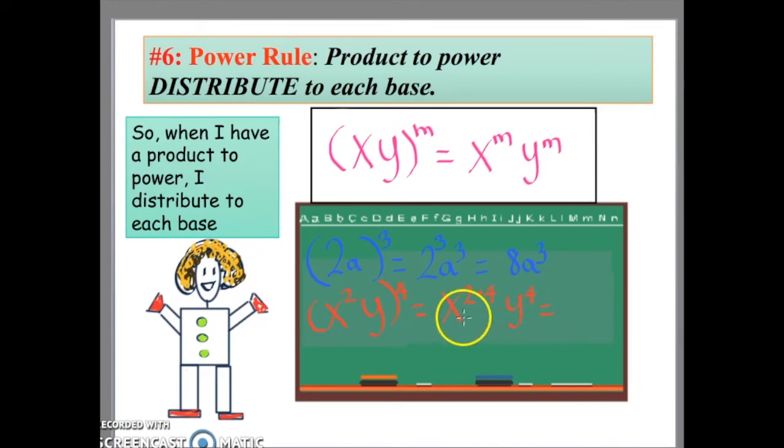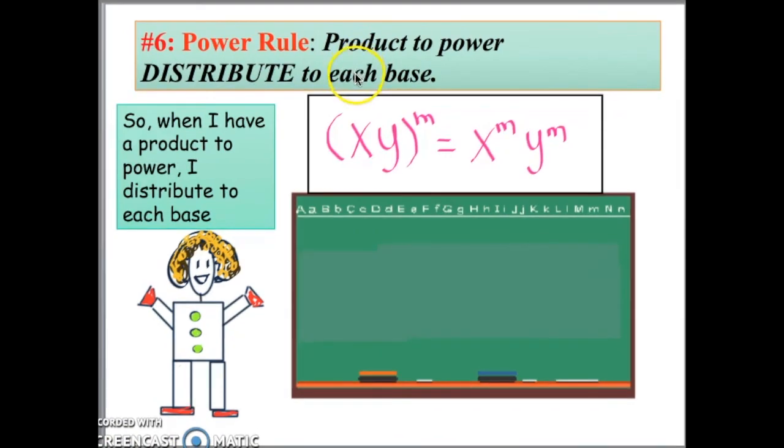So let's just go ahead and simplify what's right here. So that will leave me x, 2 times 4, x to the 8th, and y to the 4th. Hope that's making sense. Remember, you can always pause, rewind, and look at this video as many times as you like.